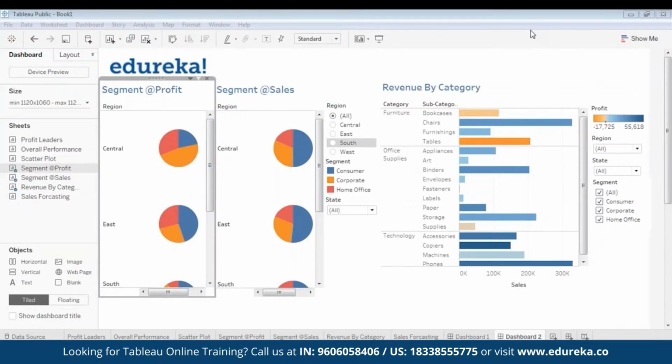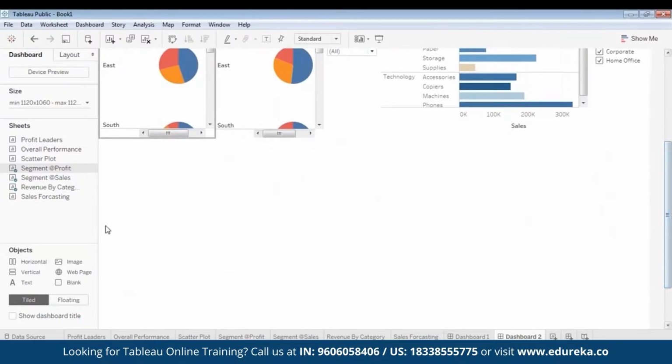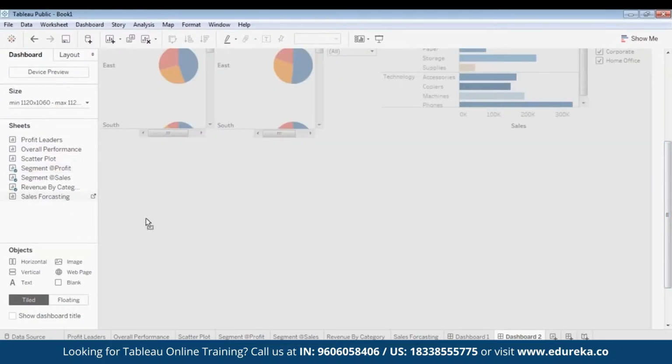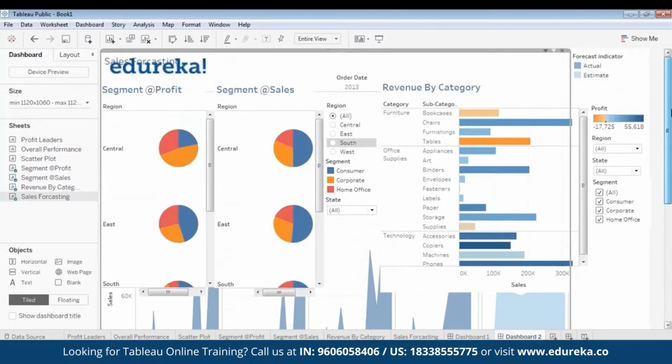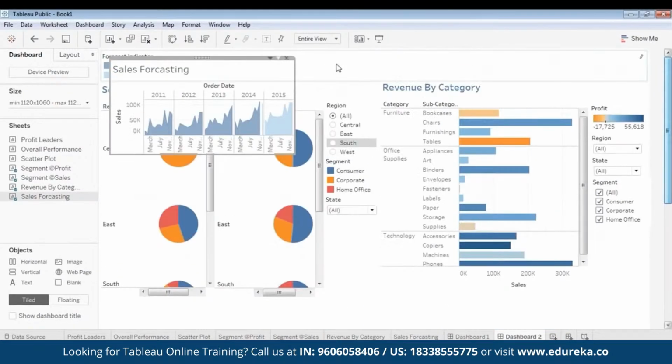Now time to add my final sheet. Let's come down and go to sales forecasting, drag this one here, okay? And right now it's in tiled mode. I will go here and click on floating. I will drag it down.